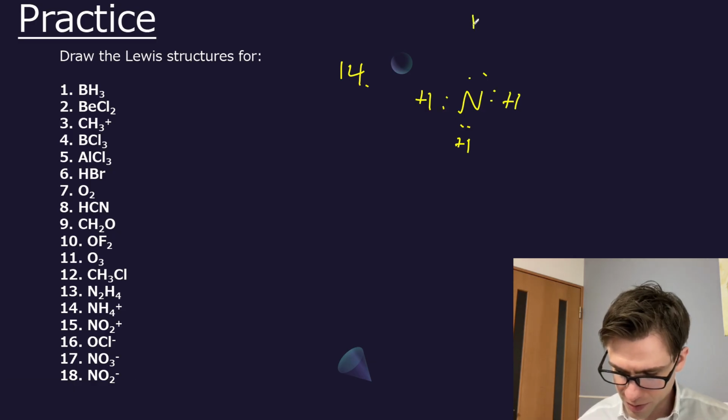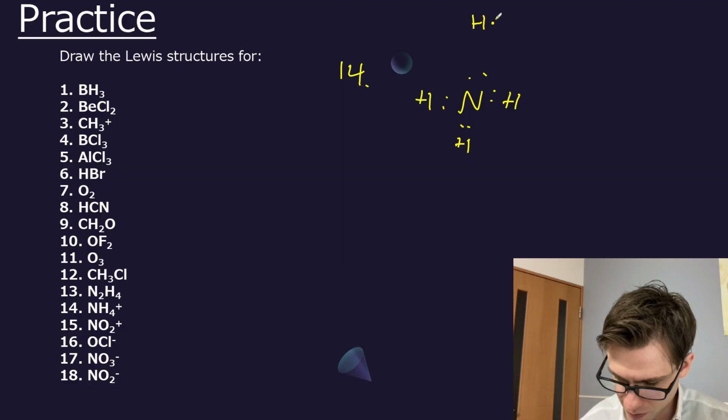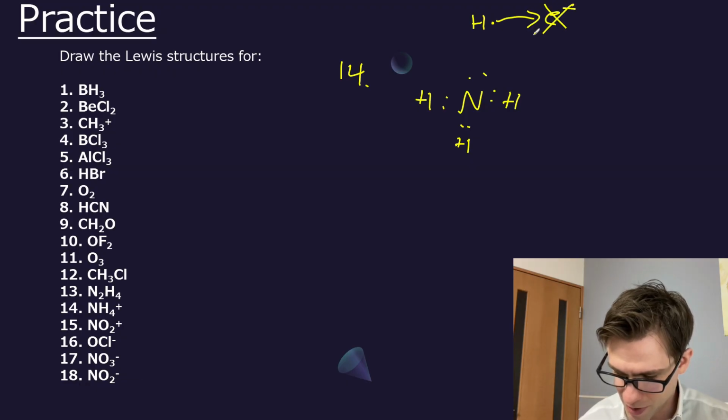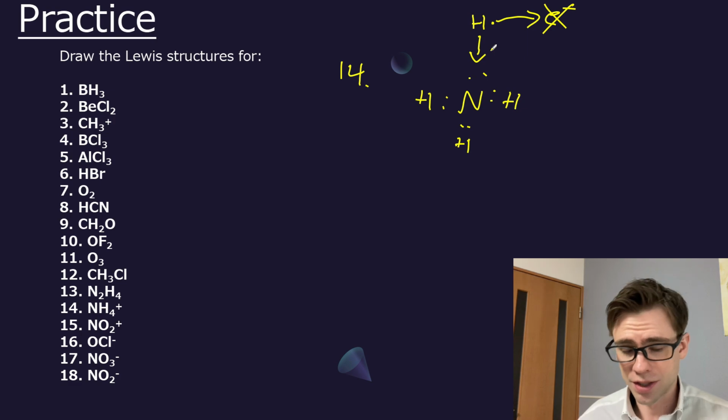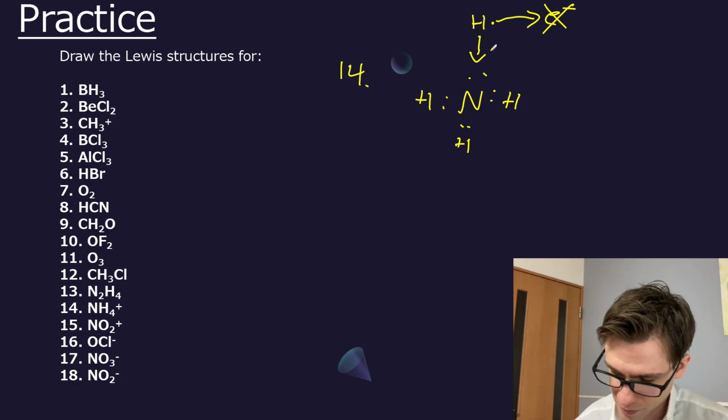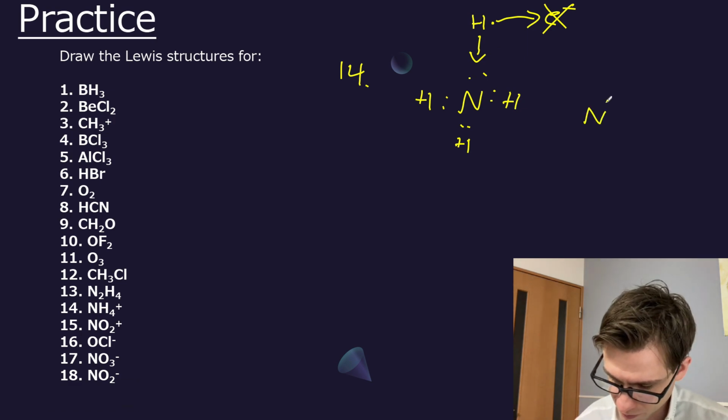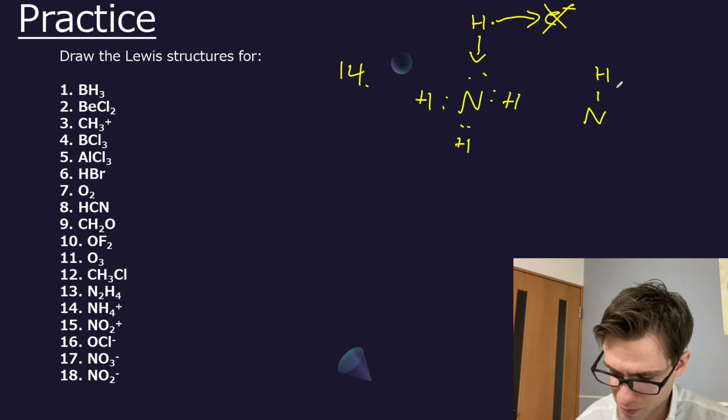So it's going to come in with 1 electron, but this structure is NH4+, so I'm going to just remove this electron from H. So it's going to be just H plus with no electrons, and it's going to come in here and just start sharing this pair. So when it does that, it's going to make a covalent single bond.